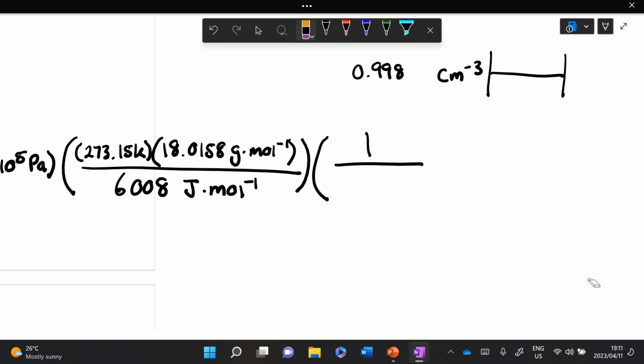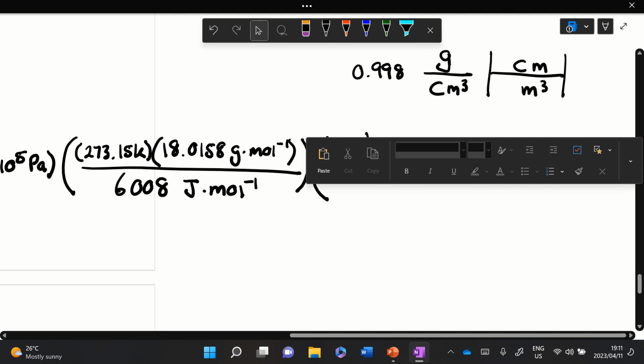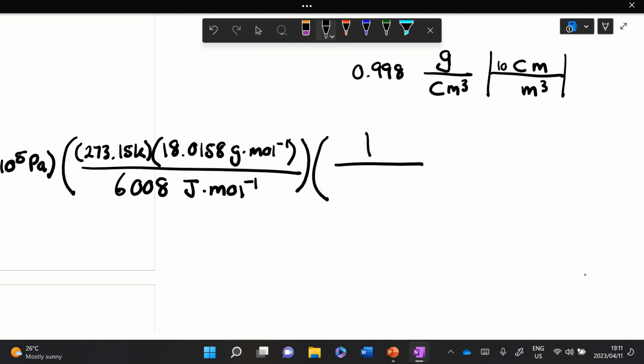We have centimeter on top here, and we have meter here. We want meter cube. How many centimeters are there in a meter? There are 100 centimeter in a meter. So we need to cube this. So that means we need to substitute in here 0.998 times 10 to the power 6 gram per meter cubed.